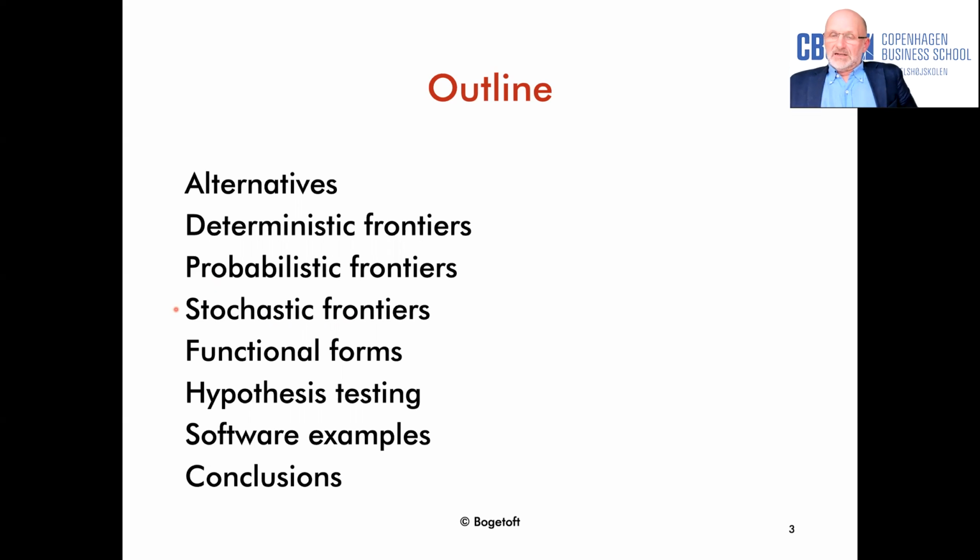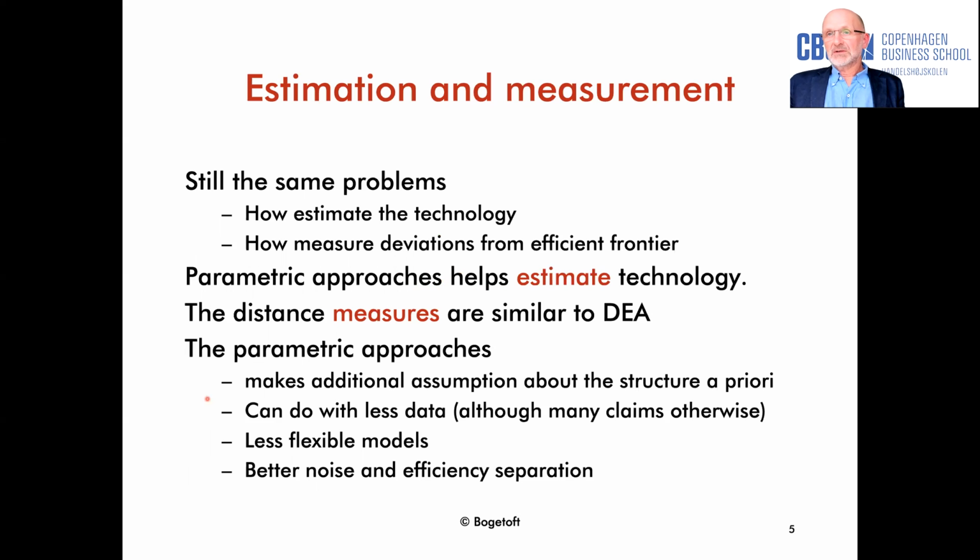And then in the second part of my presentation, I'm going to focus on the functional forms for the cost and production functions, and also what kind of assumptions it is reasonable to make about the inefficiency distribution. And we're going to talk about hypothesis testing. So we start now by talking about the alternatives.